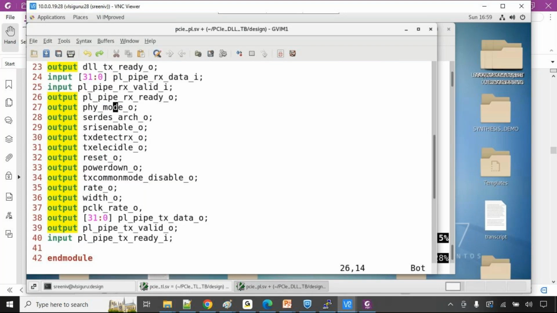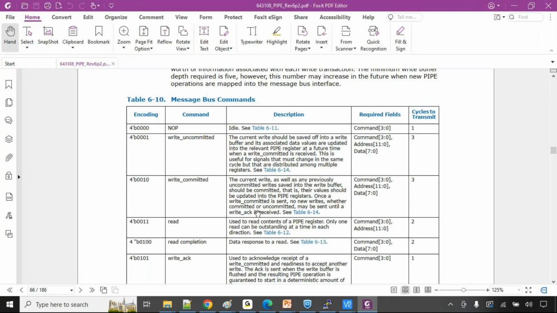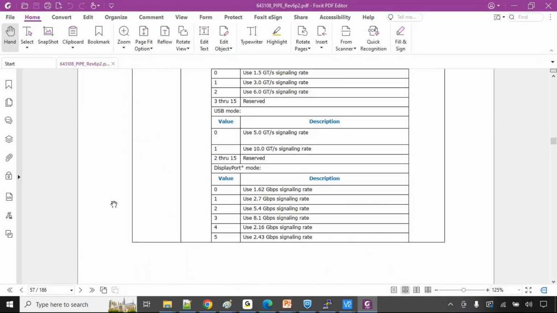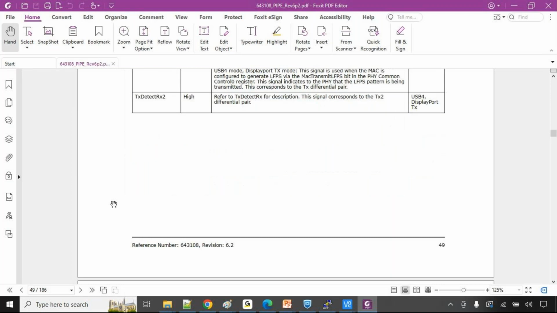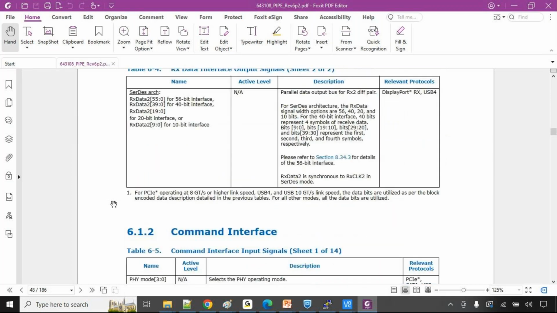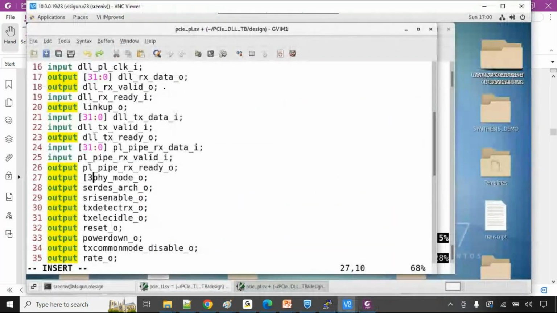Okay. Now, as for the other signals are concerned, I have to go to this one, PHY mode. What is the size of PHY mode? You go to the pipe interface. PHY mode is what? 3 down to 0.